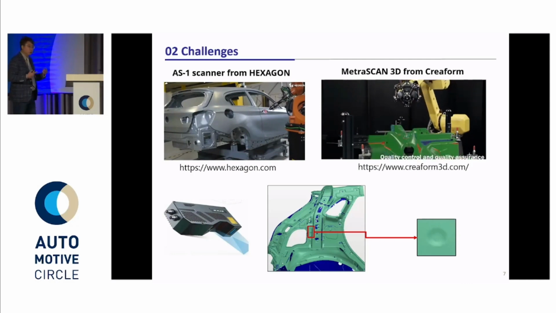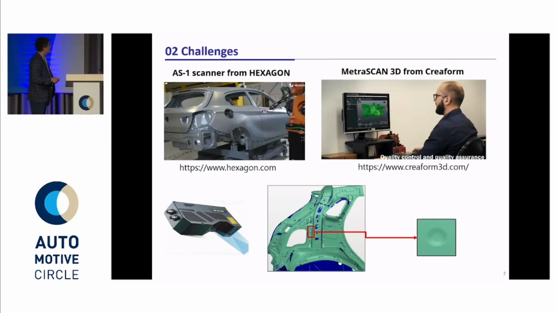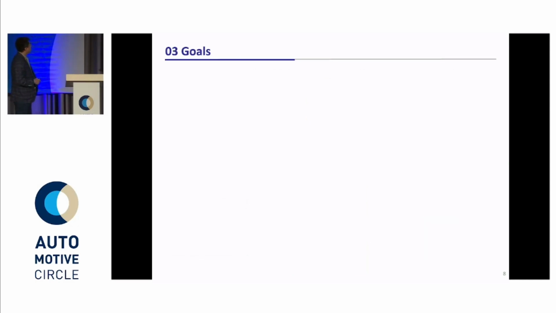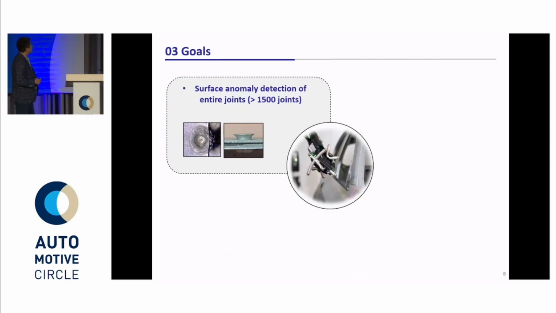A lot of new applications have been introduced, and by using these kinds of technologies, we can scan the entire component surface and achieve very detailed information about the surface geometry, including this one spot of the resistance spot welding here.